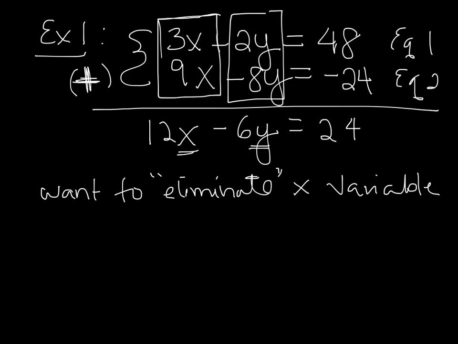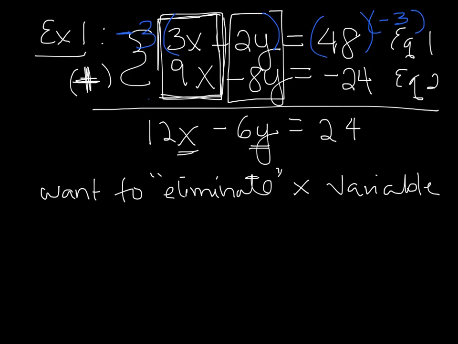Well, again, I get 12x when I add 3x plus 9x. So what I'm going to do is multiply the first equation by some non-zero constant, right? 3 is not 0. And I'm actually going to multiply it by negative 3.